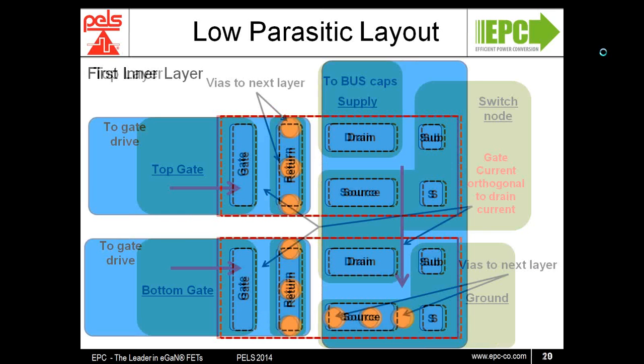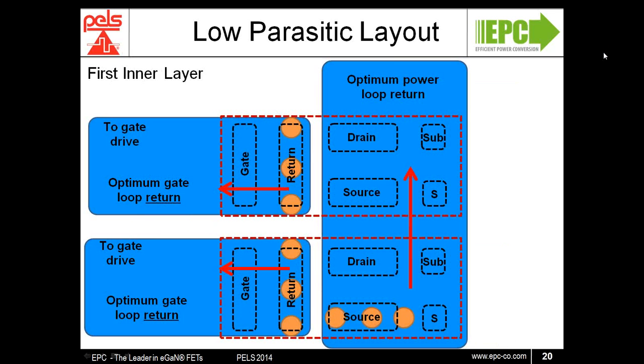These equal and opposite currents limit the inductance through cancellation of field, by having the currents equal and opposite and coupled to each other on the two layers. This also limits the electromagnetic energy stored within the two layers. Further improvements are possible by bringing the first inner layer as close as possible to the top conductor.